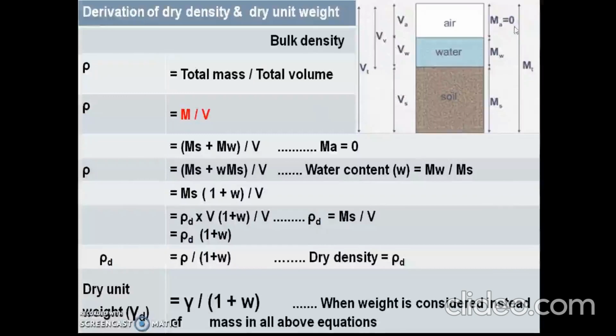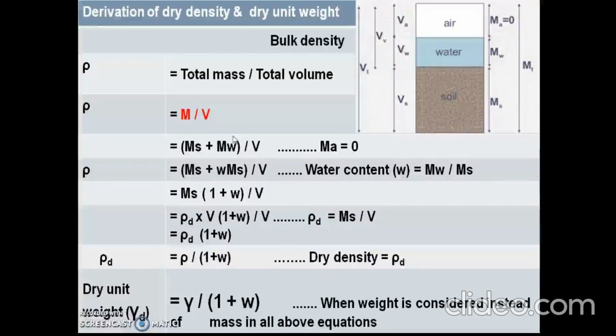Total mass M is sum of MA, MW and MS. But MA is equal to 0. Hence, M is written as MS plus MW and V as it is.